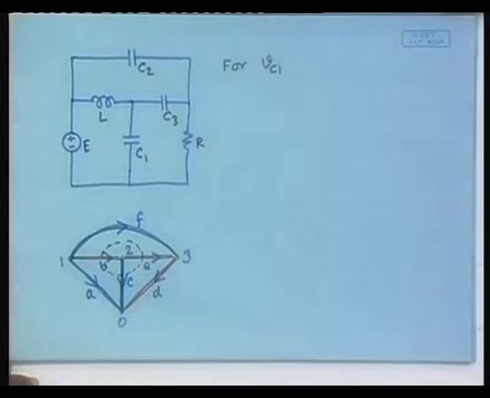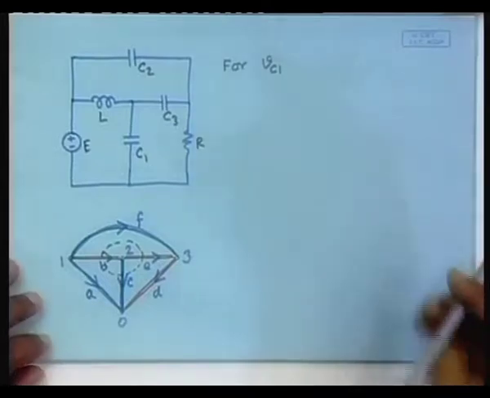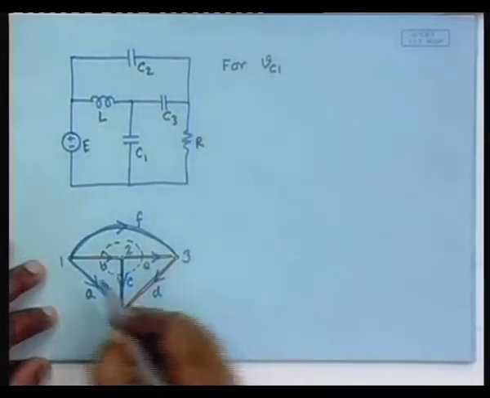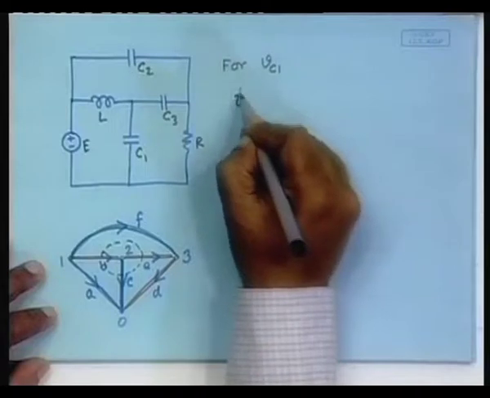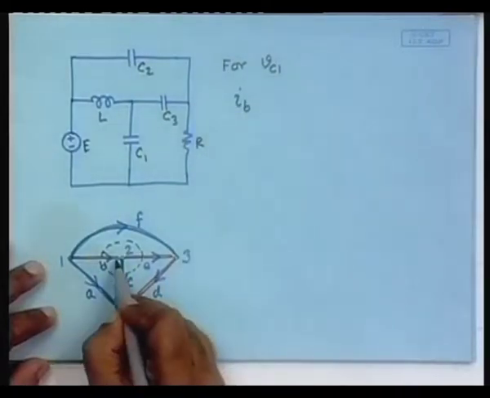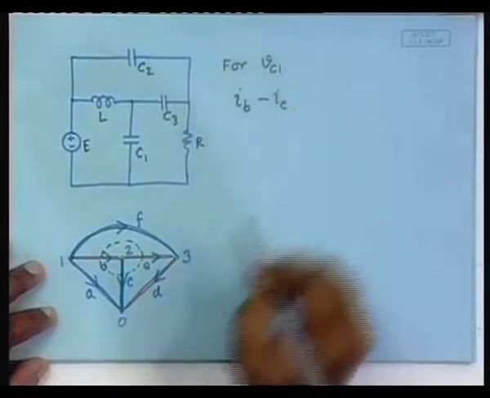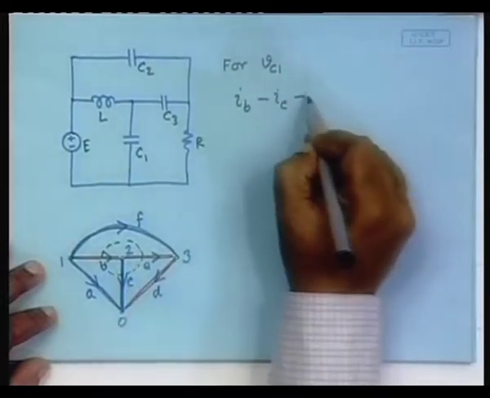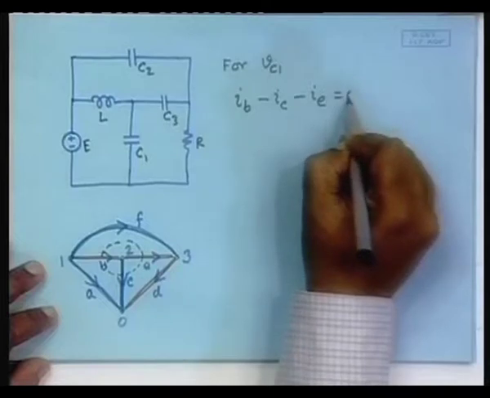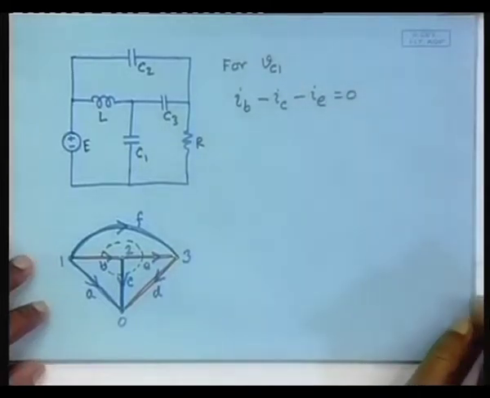Right. The moment you have done that, we will write the equation as IB going into, minus IC, minus IE is equal to 0. Fine.